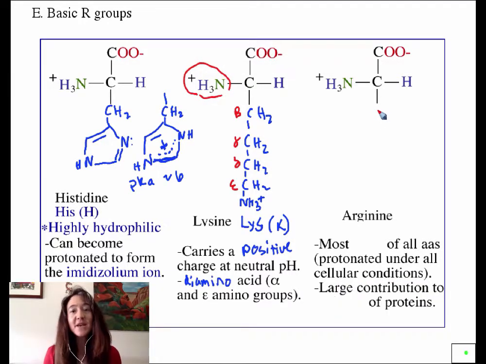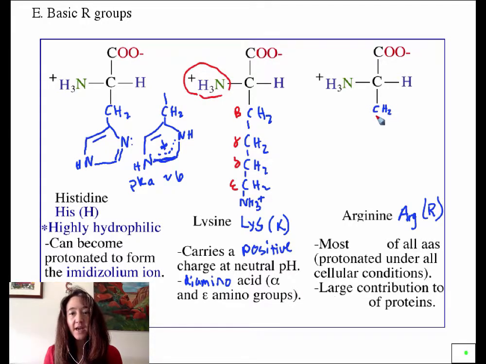Now arginine, it might be like my 3rd favorite amino acid, because let's face it, it's the pirate amino acid, arg. Yes. And it has kind of a weird 1-letter abbreviation. It's R. Arg. So recognize the R group here as being similar to lysine.